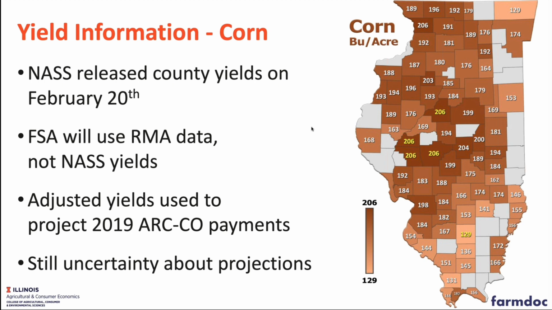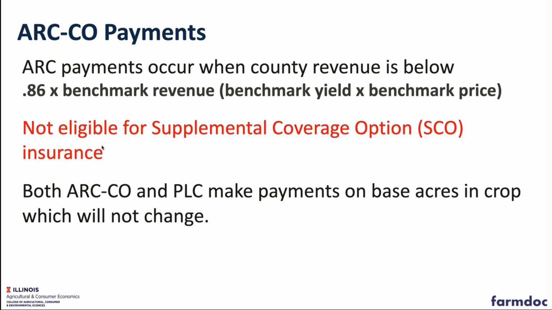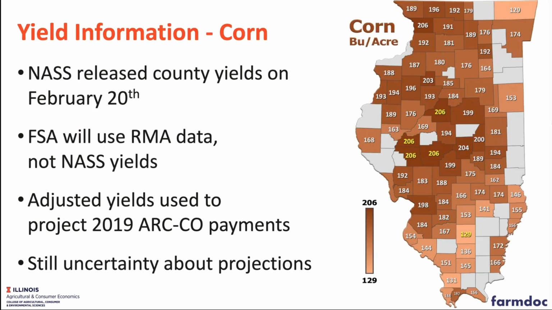We used these yields and adjusted them. Going back here, FSA will not use these yields in calculating ARC County payments, but we can use these to estimate what FSA will make payments at, and we adjusted those yields used to project 2019 ARC County payments. So we used these yields, we adjusted them by an average adjustment factor, and I would still say there's uncertainty about the projections.